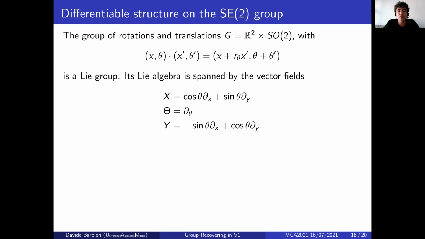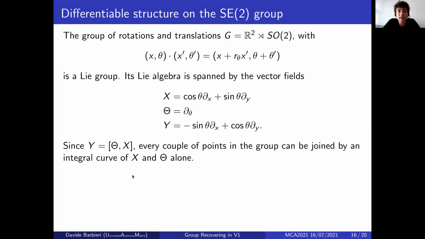The vector fields have this form, and this Lie algebra has a special property: you can obtain this third vector field. X and Y you can think of as generators of translations, and theta as the generator of rotations. You can get one translation from the commutator of the other translation with rotations.